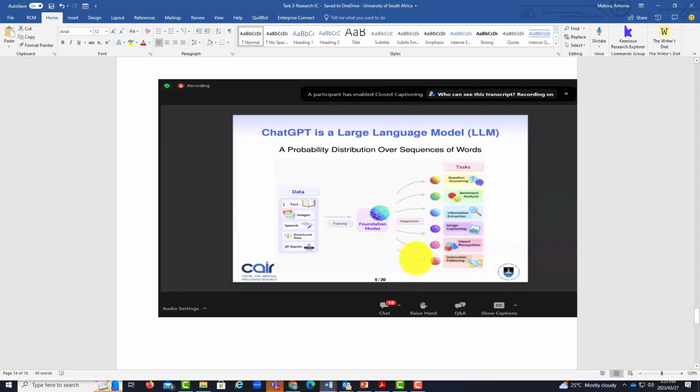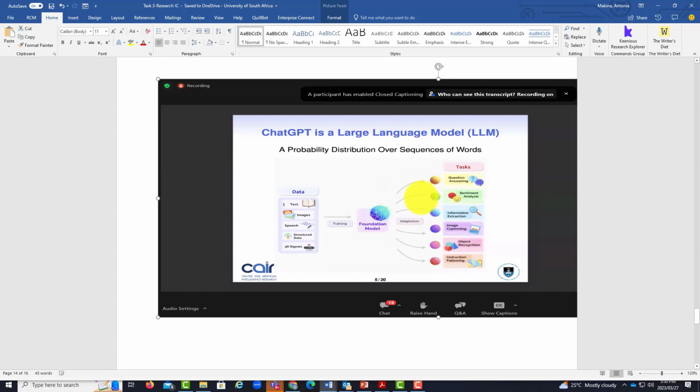I'm showing an example of ChatGPT. And in this example, you can see what is happening there. There is data. What is fed in is text, images, speech, structured data, and signals. And then it is trained to go to the foundation model, which reads it out as question answering, sentiment analysis, information extraction, image captioning, object recognition, instruction following.